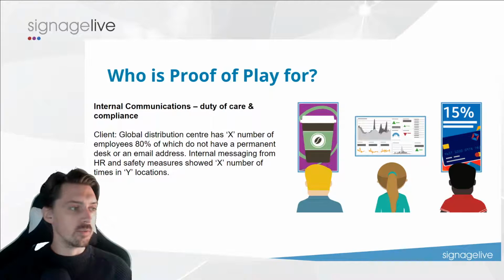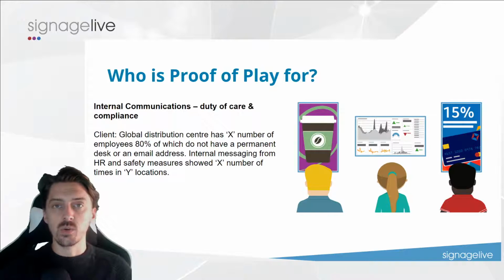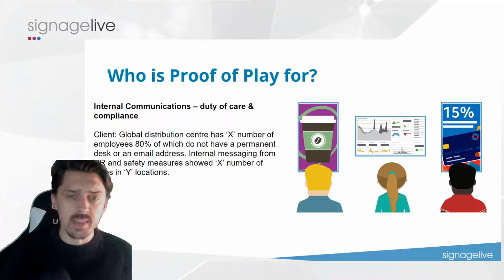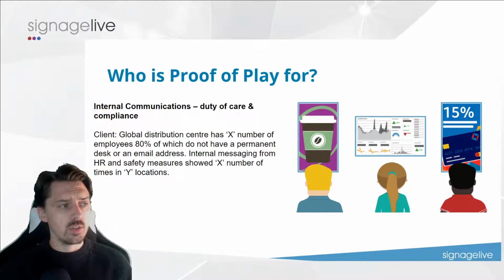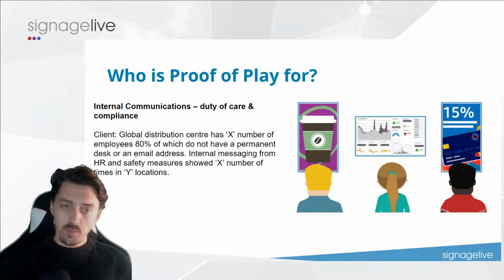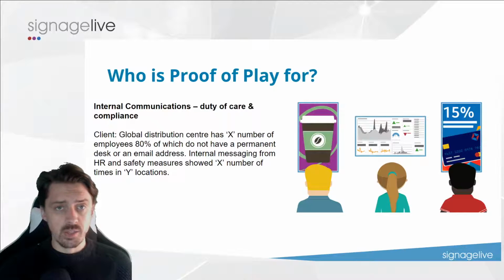So you may have your general content, which is just for everyone's well-being or understanding, or sales data or metrics, anything along those lines. But then on the other side of it, you may say, well, actually, we've got these. Perfect example right now, we've got COVID-based content that we want to get out to those users and make sure that they're seeing it. Well, proof of play will allow you to then report back on how often those assets were available.